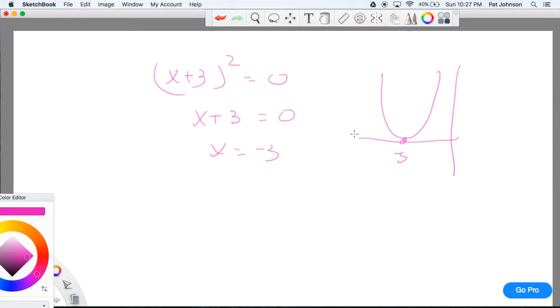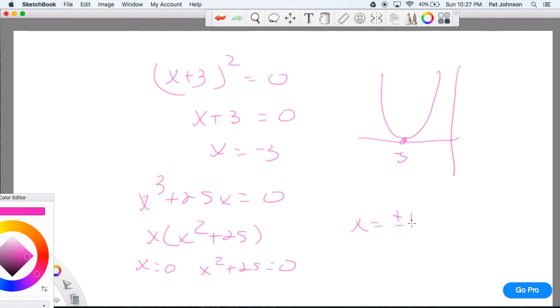Let's look at another one. We have x cubed plus 25x equals 0. I can factor out an x, leaving x times x squared plus 25 equals 0. So x equals 0, or x squared plus 25 equals 0, and x equals plus or minus the square root of -25, or plus or minus 5i.